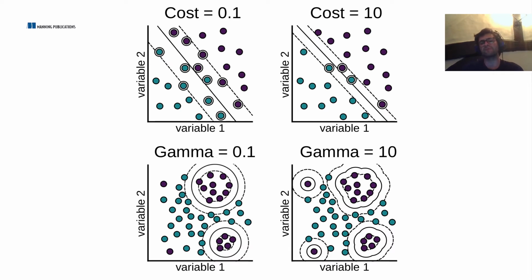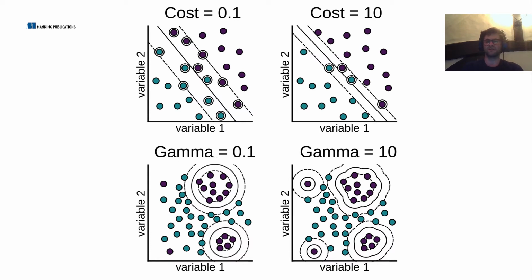The gamma hyperparameter controls how attention-seeking each individual case is in the data set. If you increase the value of gamma, then every case in the data set is jumping up and down and shouting, "Me, classify me correctly!" Whereas if you set it low, then each case is much less attention-seeking.